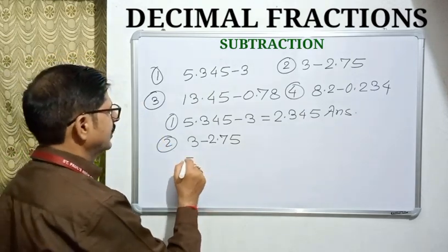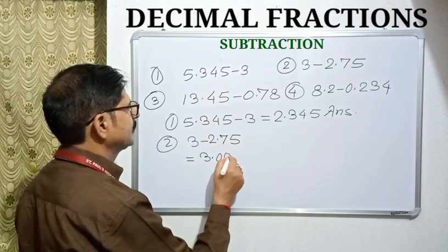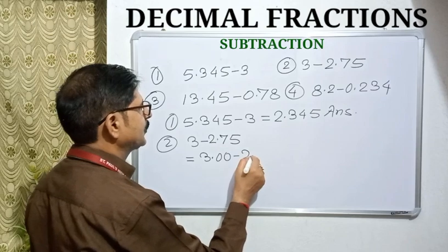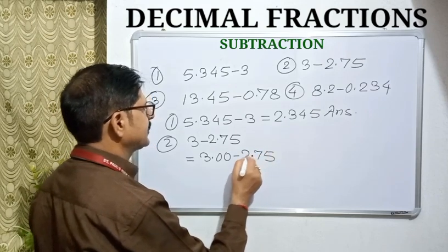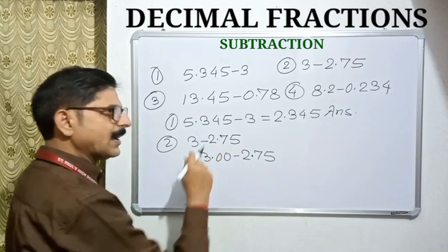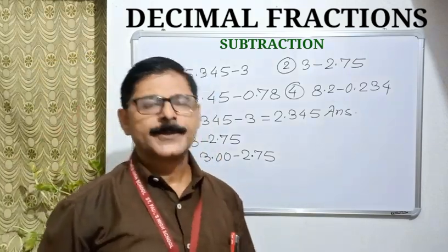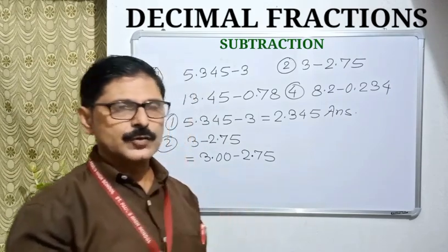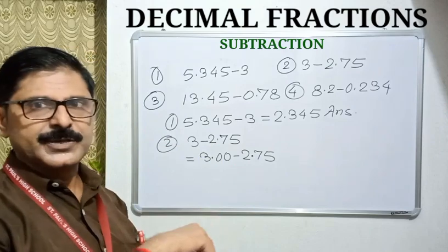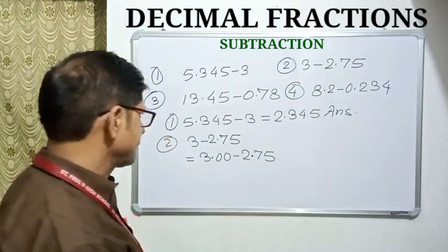Here you write 3.00 minus 2.75. Once again, I would like to remind you, if you have any problem in writing the given numbers in the form of like decimals, you may refer to our previous video, a basic concept of decimal fractions.